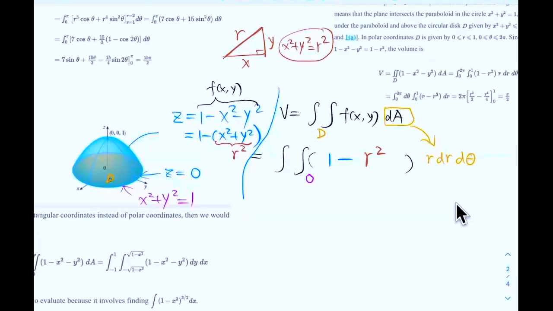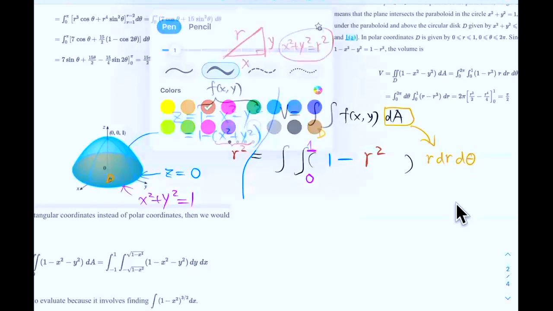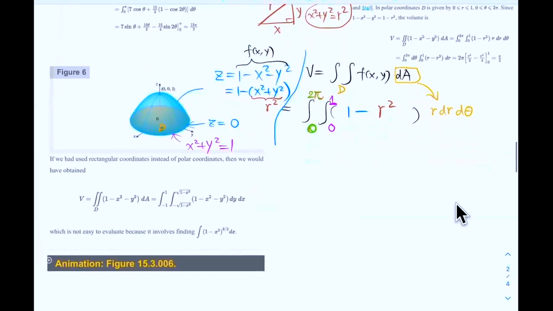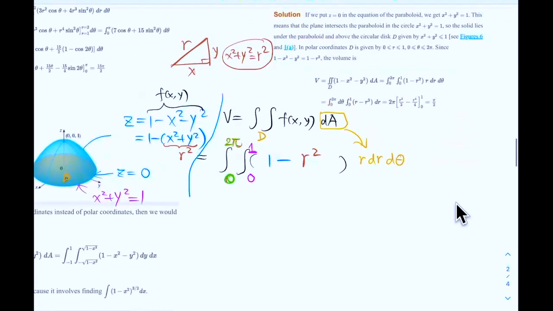So r goes from 0 to 1. Okay, let's figure out what theta changes from and to. Yeah, it goes one round, right? So 0 to 2 pi. Now after this, the rest here is just routine, and then you can find the integral here.